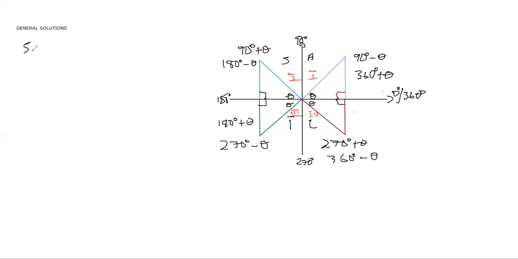You're going to get something like a single trig ratio: sine theta is equal to, let's say for argument's sake, 1/2. Another way they can ask this is to say 2 cos alpha is equal to -1. Or they might make it even trickier and say 3 tan x minus 1 is equal to 0.